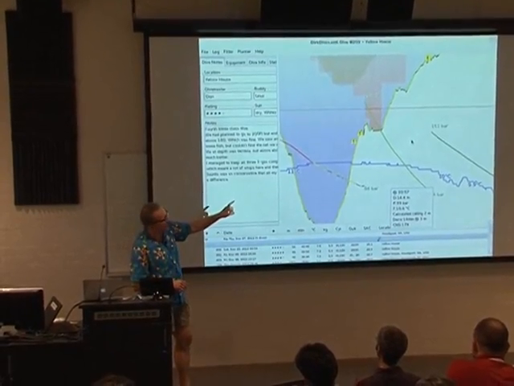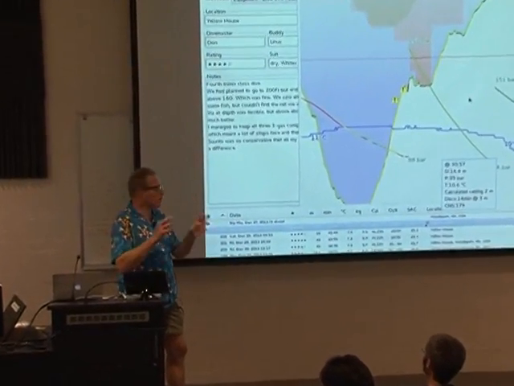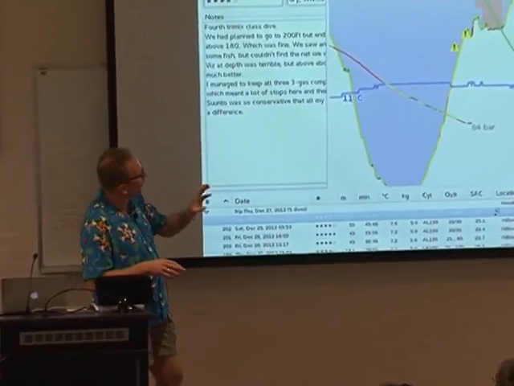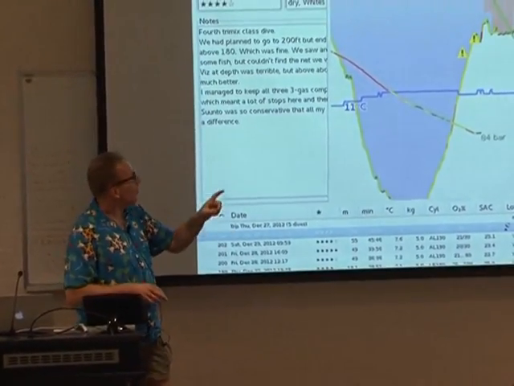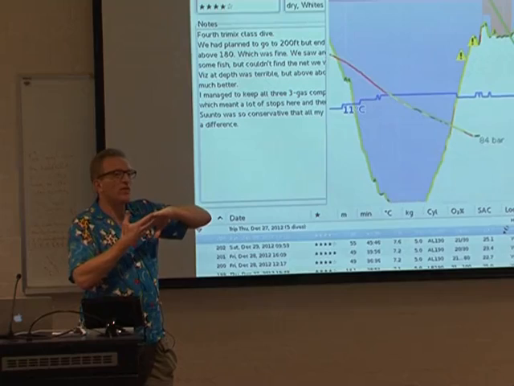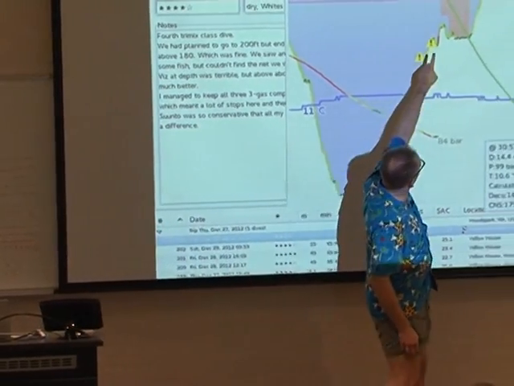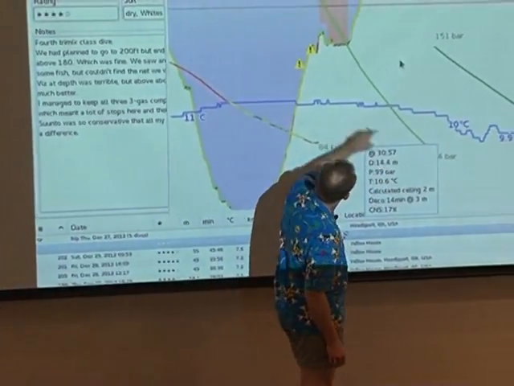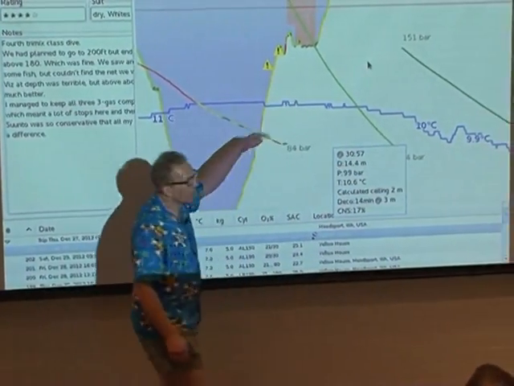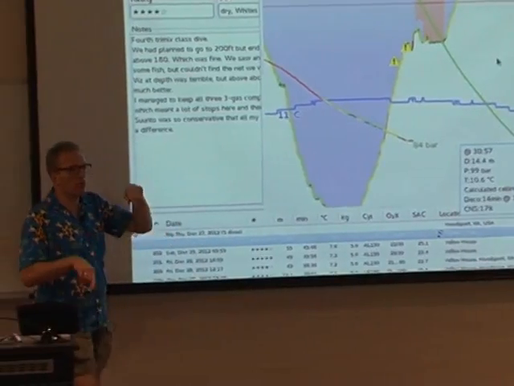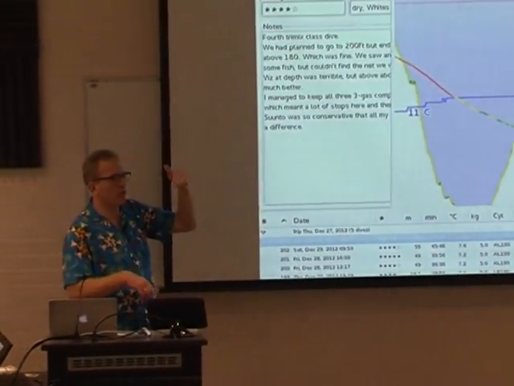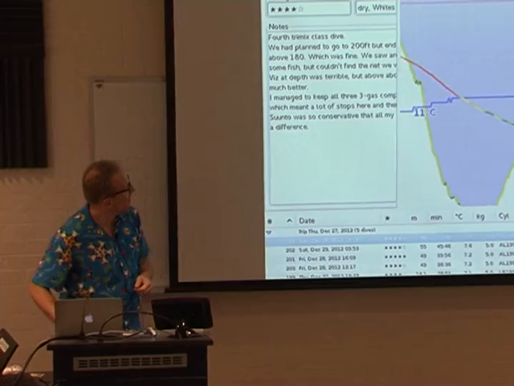And so I had 3 different air integrated computers, one each connected to each of the tanks. What I haven't done yet is to overlay the tank pressure data. So this here right now is simply a linearization. Well, you can see it's bent because it's linearized by SAC rate. So it assumes a constant SAC rate, and then the more shallow you go, the less air you breathe, obviously.